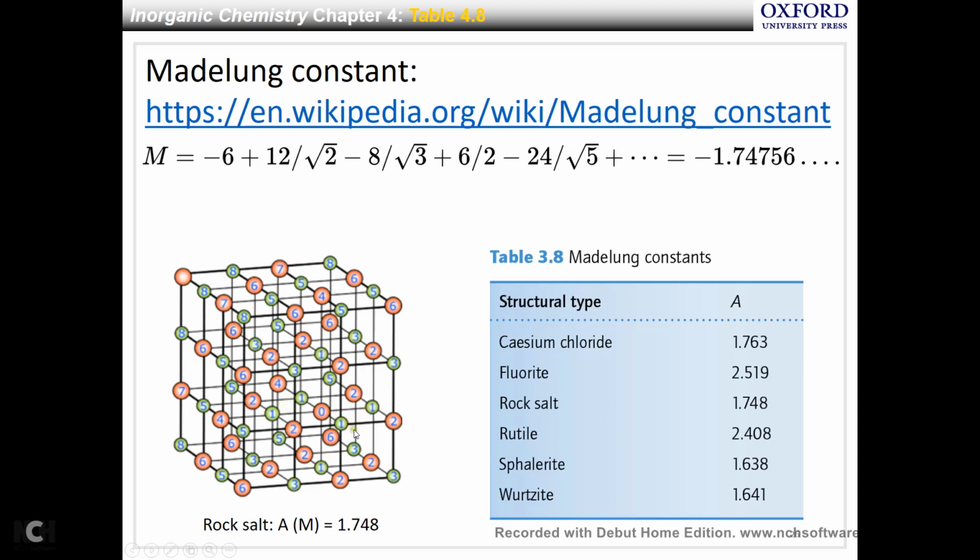1? Very simple. It's going to be 6 times this charge times this charge over the distance d, right? So again, if we're talking about sodium chloride, the simplest case, the charge on sodium plus and chlorine minus is +1 and -1.